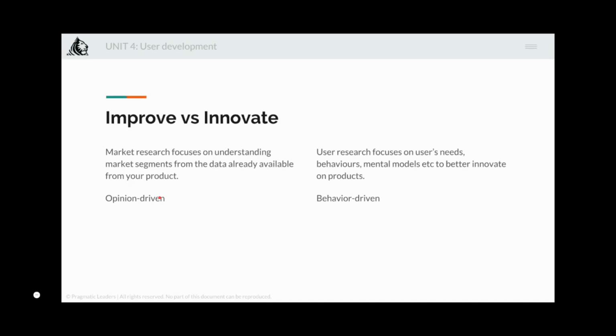GoToTraining, the app that we use, it was initially named GoToMeeting, right? So it started off as GoToMeeting, and people started using it for going to online meetings, and soon enough, when the company started observing that a lot of people were using their product also for training purposes, they expanded, they innovated, and they created a separate GoToTraining module.